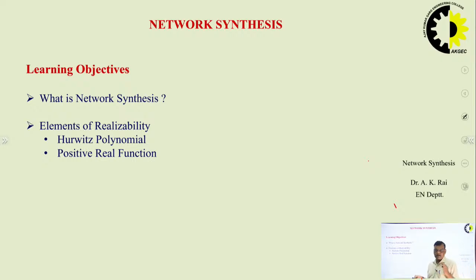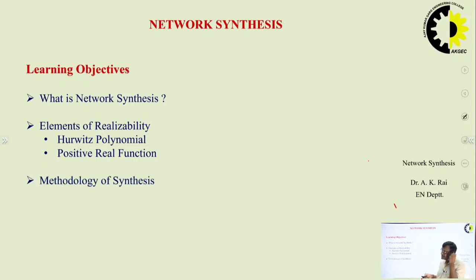Before a network can be realized, it should be PRF or a Hurwitz polynomial. Later we will discuss what are the conditions required for a function to be a Hurwitz polynomial and a positive real function. We will discuss these two topics in detail.